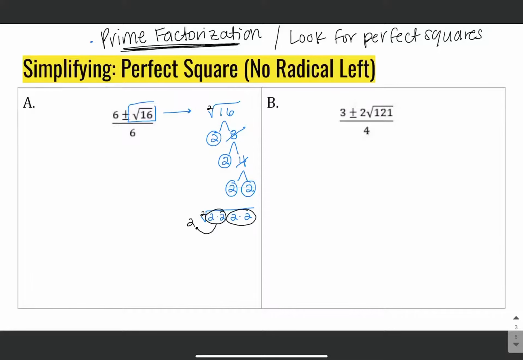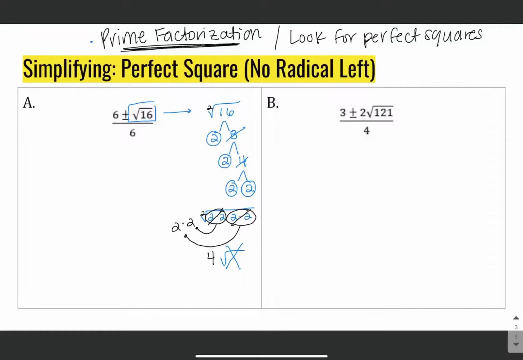I have another group of 2's, and again, I'm going to just pull one of them on the outside as a 2. Now notice there are no numbers left underneath the radical. So if there's no numbers left underneath, I don't need the radical. And we're going to multiply the numbers on the outside. 2 times 2 is 4.